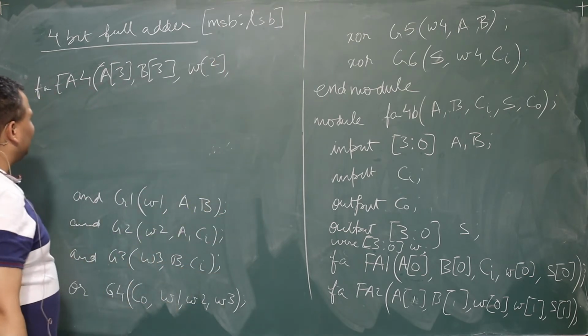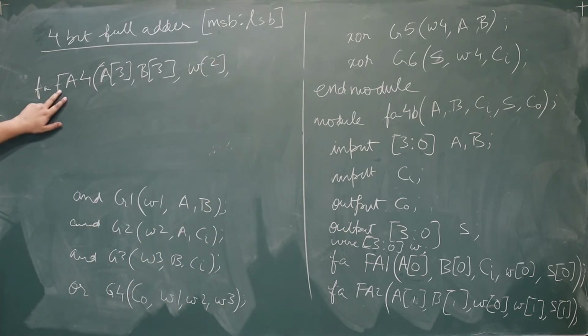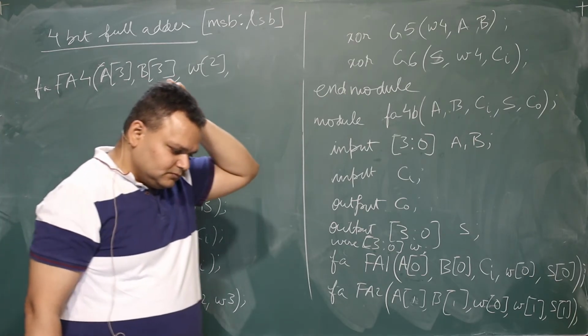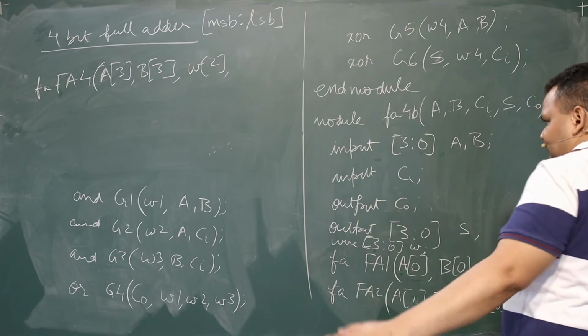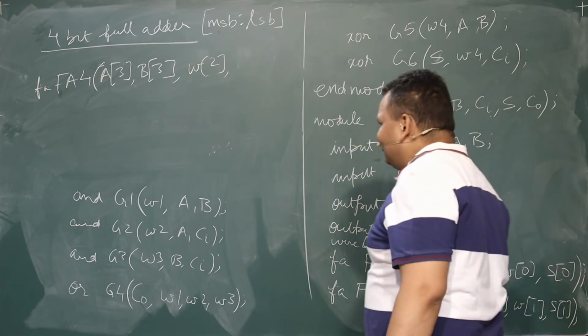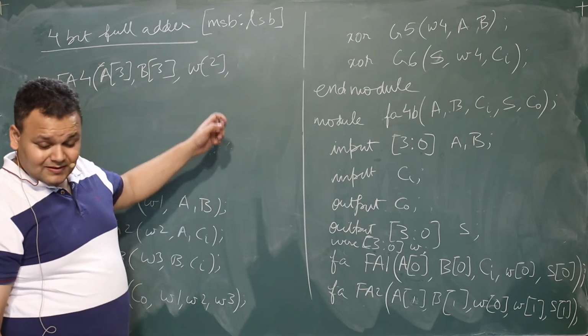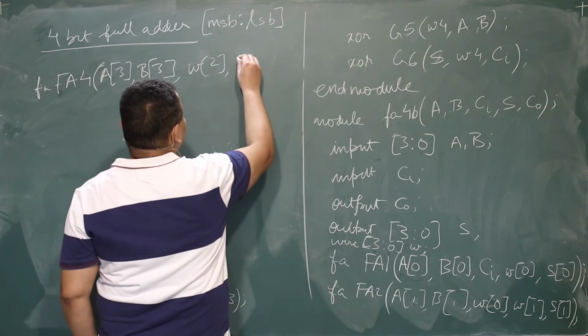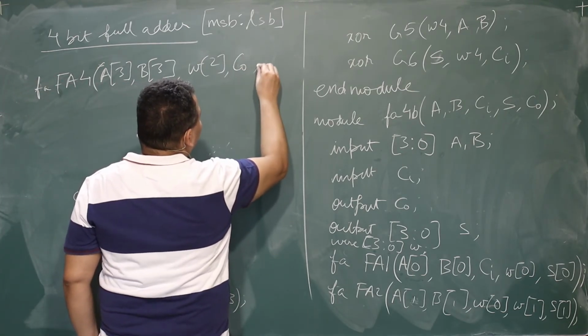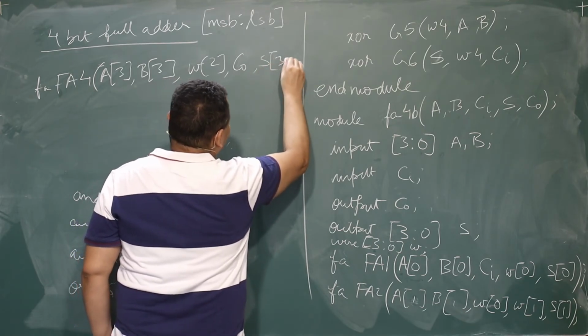What is the output going to be for FA4? You are right, the other person who said we only require 3 wires. So C0 and S3. C out and S3.